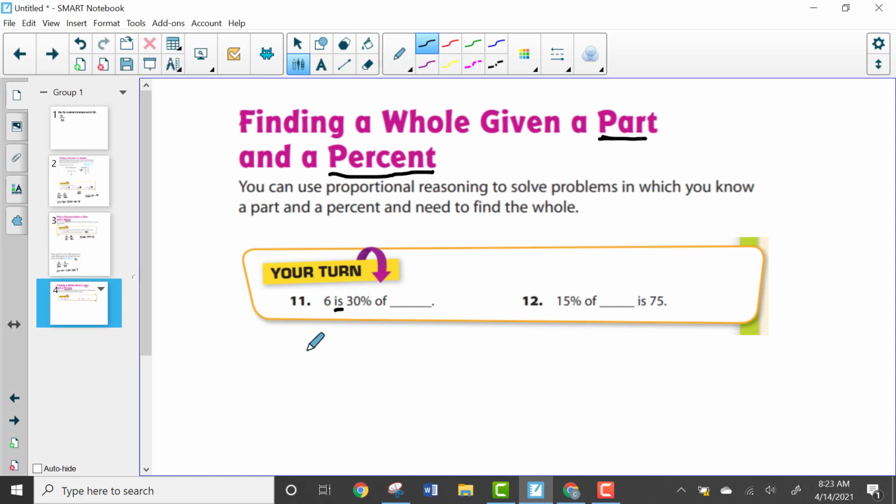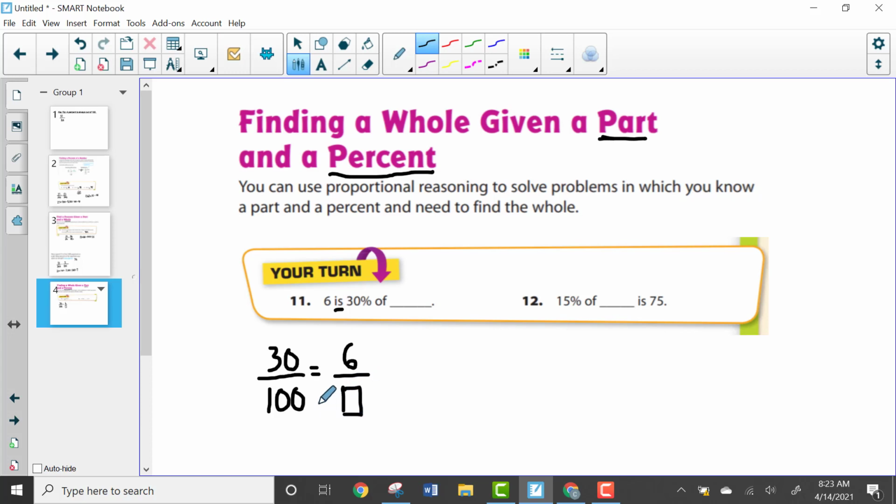Now, setting this up as a proportion, we always know that percentages are always out of 100. So we have 30 over 100 is going to equal 6 over a number we don't know. Remember, 6 is only a part of this number, so that's why 6 would go on top.